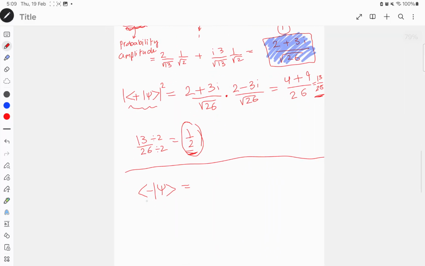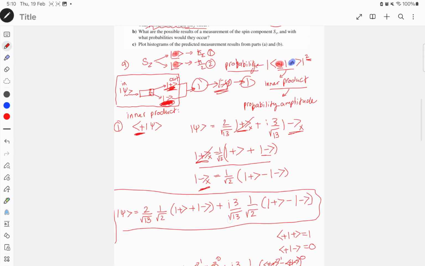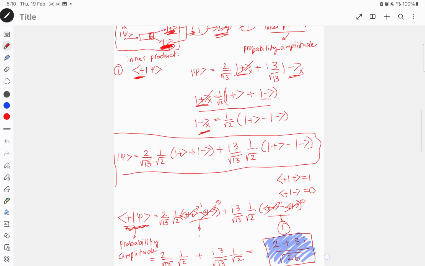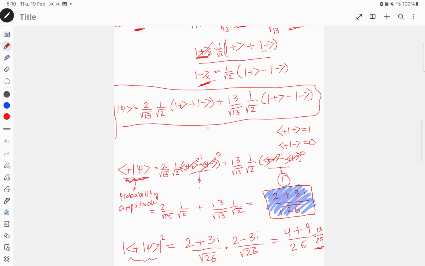So this is a z component. We can't multiply by this one as it is x component, so we will substitute these two in it, and what we will have, we will have this one, that we will use.